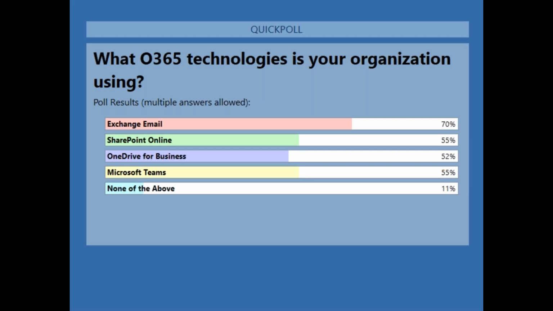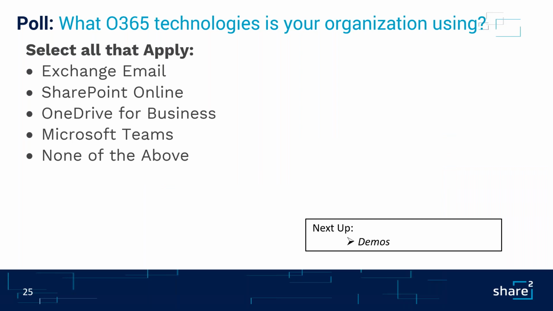I would love to talk to the people who are none of the above and know what they're using. I'd also like to know how today's webinar landed, because obviously we're not talking from everyone's point of view. We're talking more purely from an Office 365 provider's point of view. So I'm sure there are great technologies in use that we're not promoting today.